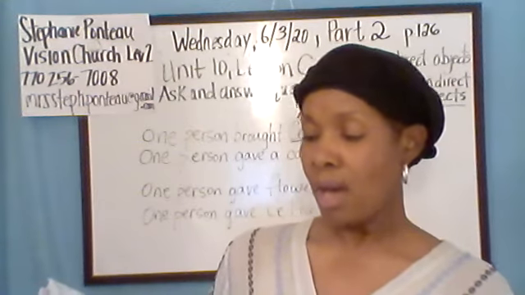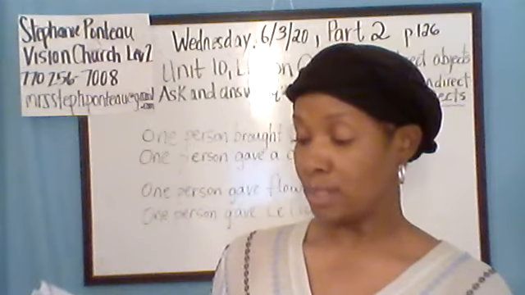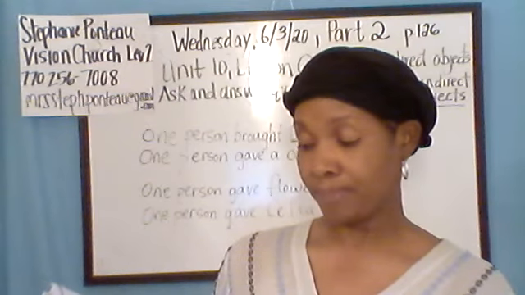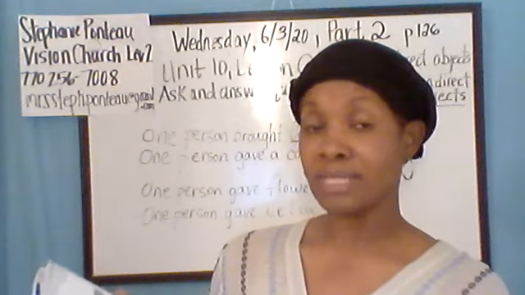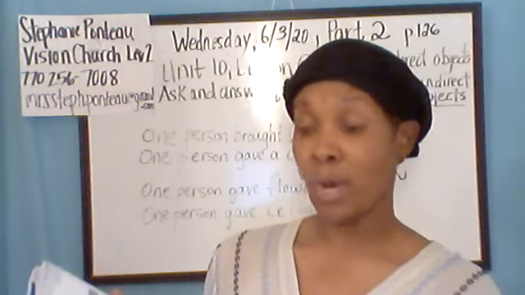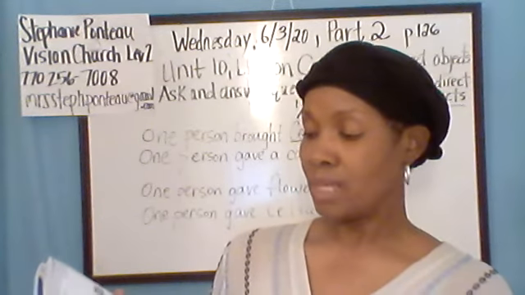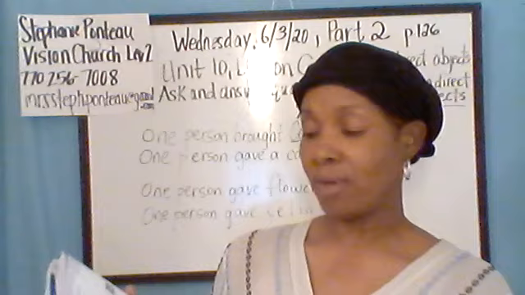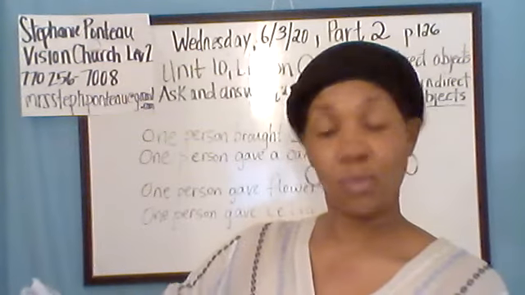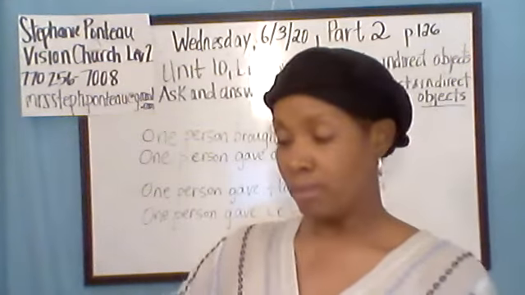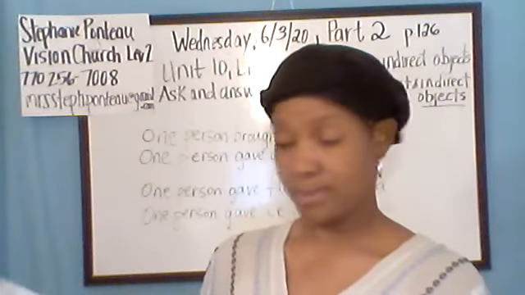Tim gave a present to Mary. And you see how it's labeled? The direct object answers the question what. So Tim gave a present to Mary. Present is the direct object, that's the what. And to who? Mary. That's the indirect object, okay?